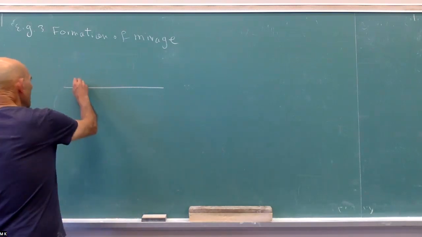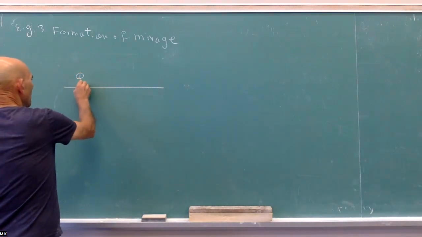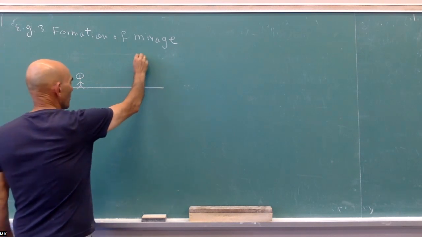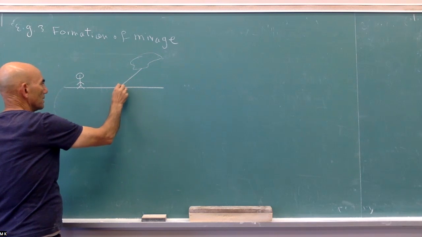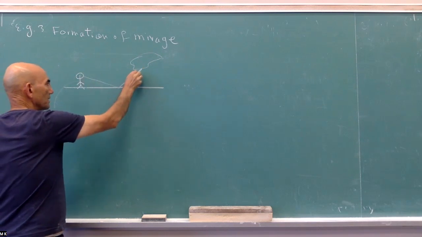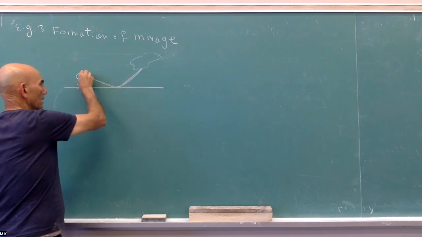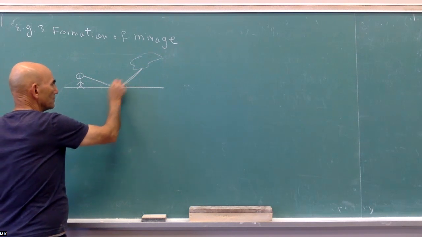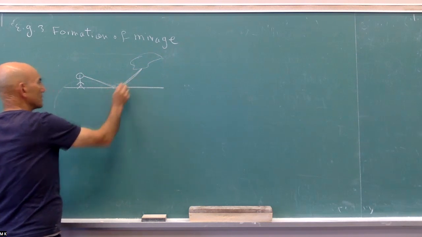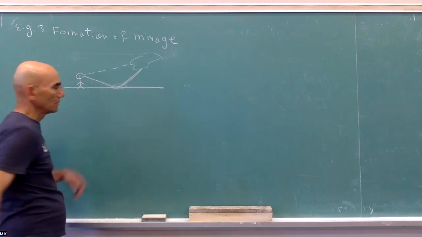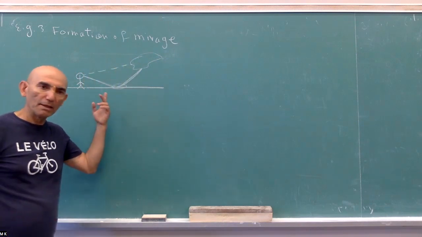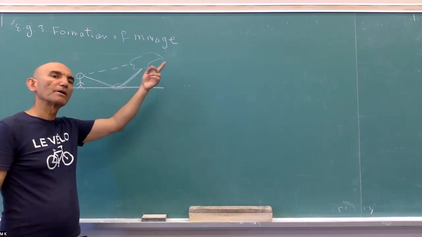But this illusion exists also in day-to-day life. So basically, you are here, and there is some cloud. And what happens is that you see the image of the cloud. I mean, normally, on a normal day, you see the clouds where they are.